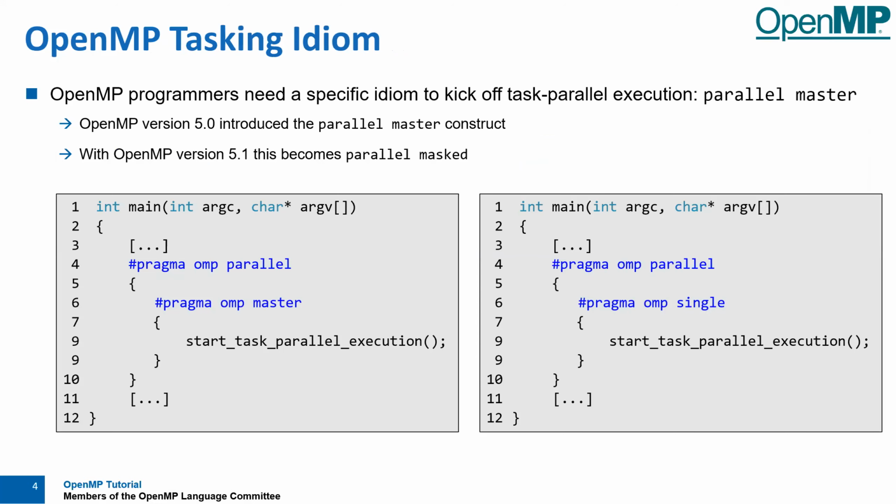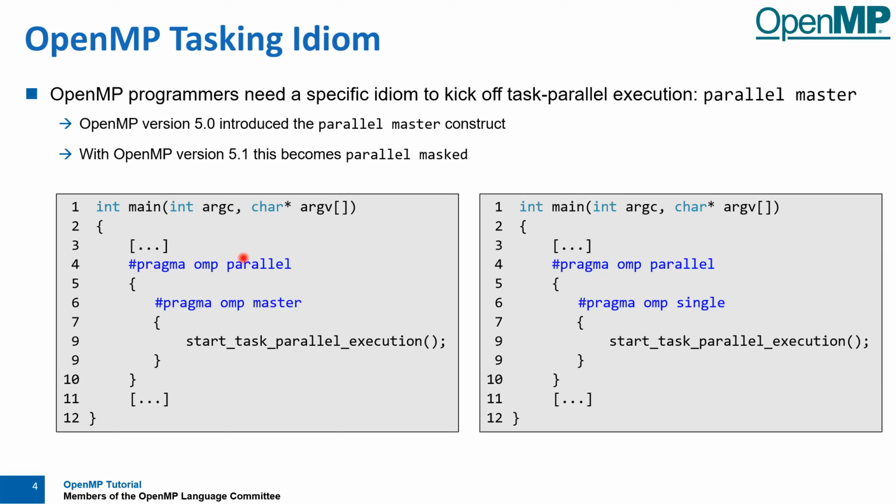All right, and then there's a standard idiom in OpenMP tasking, which you saw on the previous slide already with parallel master. In OpenMP 5.1 and going forward, this is going to be parallel mask. Christian already talked about the reasons here. So the idea is that you have one thread.